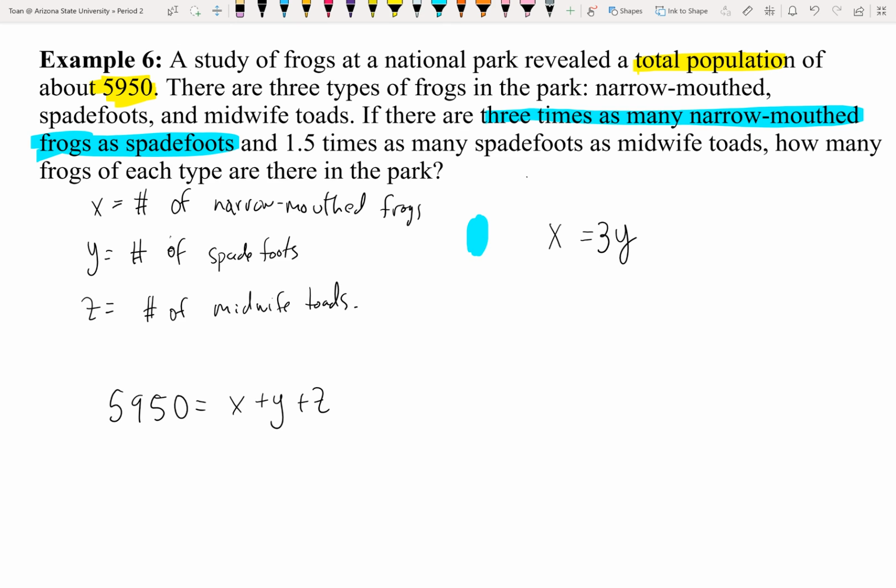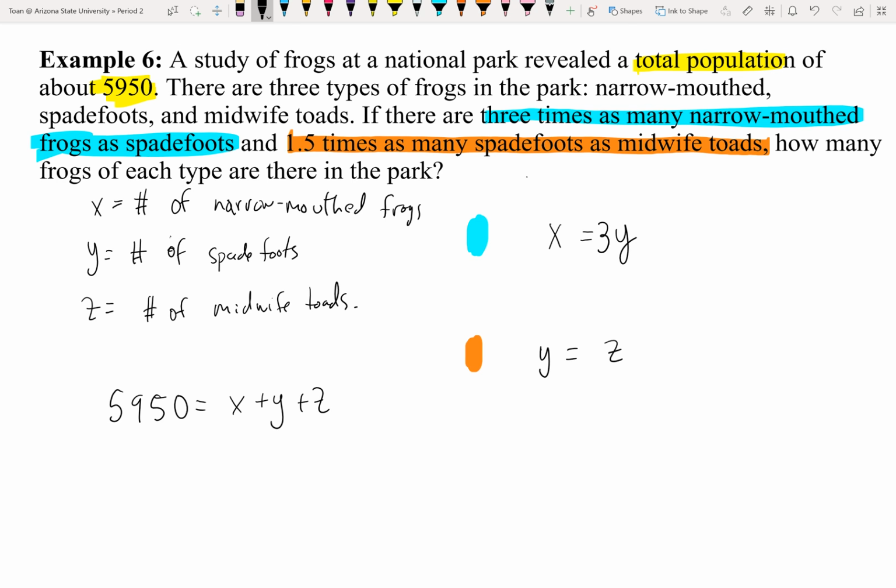We'll do the same thing with the orange sentence. There's 1.5 times as many spadefoot frogs as midwife toads. Do you guys agree we're comparing y's with z's? So I'll do y equals z, which is not a true statement, but we're going to fix it. Spadefoots, midwives, which one's the bigger number?